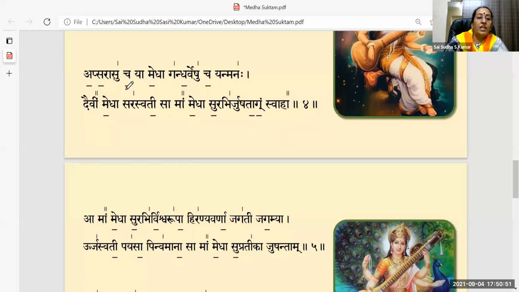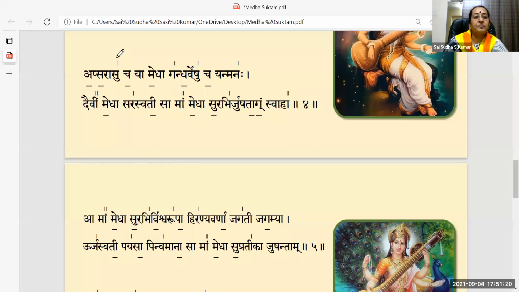Then apsarasu. Very often the intonation of this word apsarasu is not chanted properly, so we have to be very careful that we chant it with proper intonation. Here in this word, A is Anudata, Sa is Anudata, Ra is Udata, and Su is Swarita.